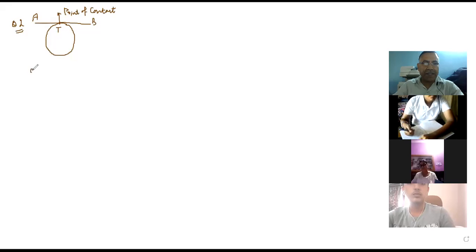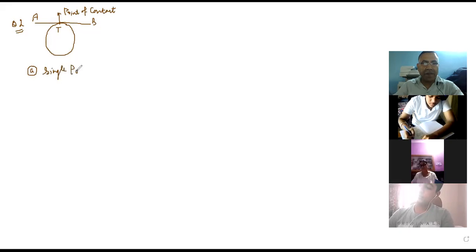So the answer is a single point. Because otherwise, if this tangent touches the circle twice, then there should be 2 points of contact. But I have not told you that. I have told you that there will be only one point of contact.